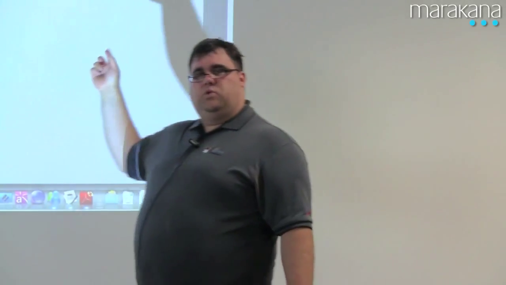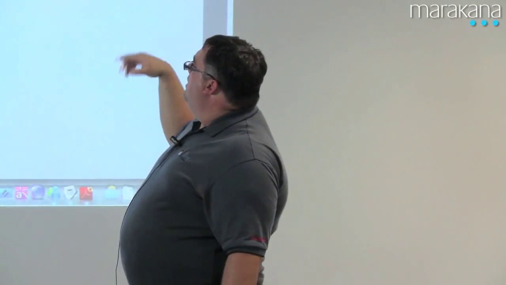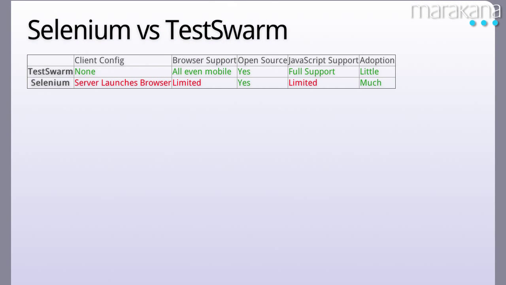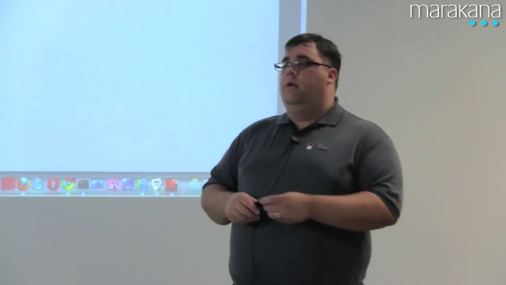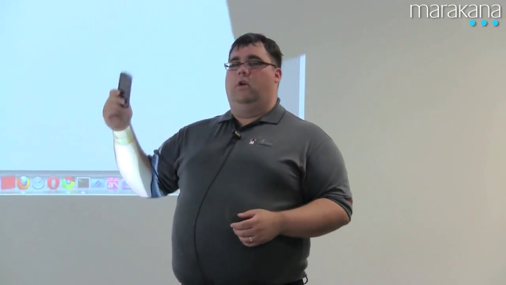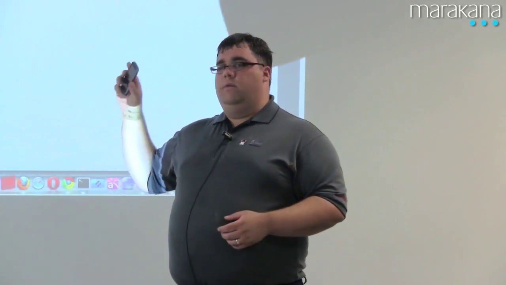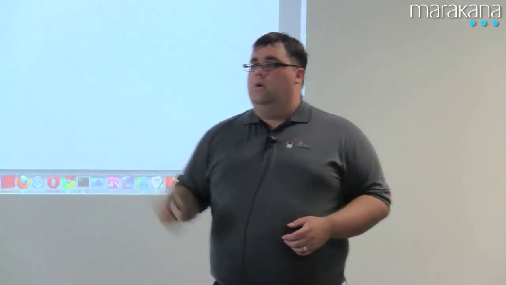Selenium versus TestSwarm, right? TestSwarm, client configuration: none, right? You just go to the URL. Whatever URL is available in the network, don't do the wrong URL like me. Browser support, anything. Mobile, right? So I got my Nexus 1 here, my Android on, and was able to run our next E-Trade, all the tests that we have, thousands of assertions on this.